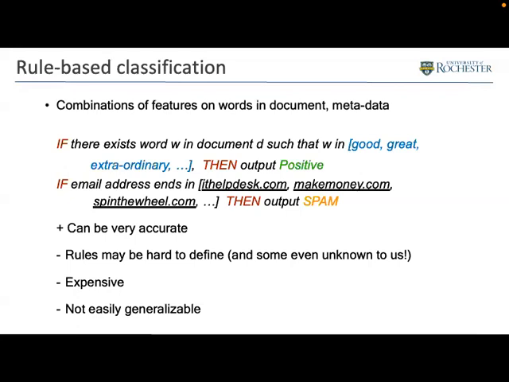We never know how we actually decide whether a tweet is positive or negative. We just feel like, okay, maybe the current tweet is giving me a positive attitude. So some of these rules might be very hard to define. Also, if we want to include other words for the rule-based classification, it will be very expensive, and it is not easily generalizable.